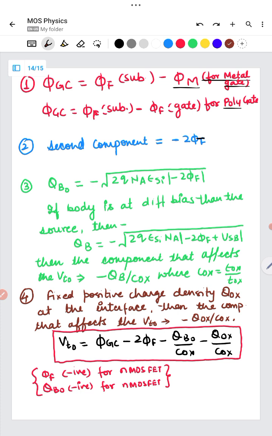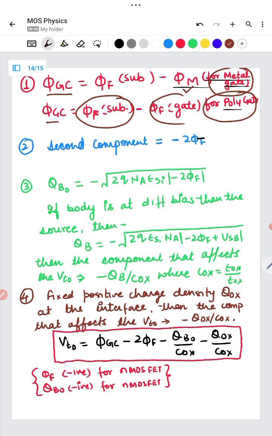The first component is phi GC. Phi GC is basically phi F minus phi F when you have a metal gate. When you have a polysilicon gate, phi GC is equal to phi F of the substrate minus phi F of the gate. Both sides you need to find the Fermi potential. However, for a metal gate you need to find the work function of the metal.